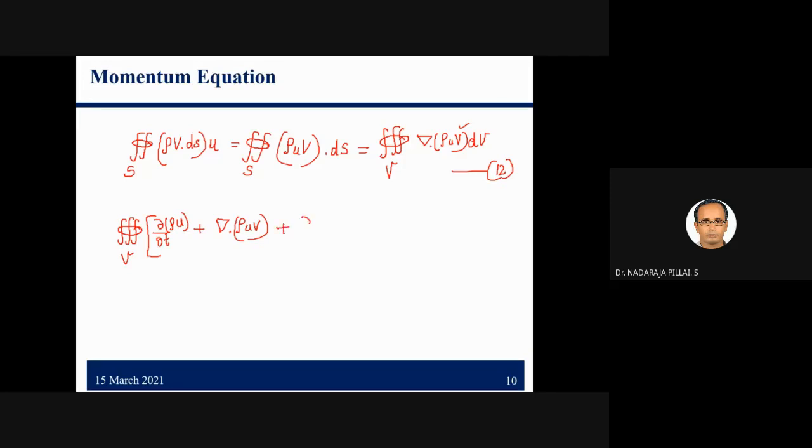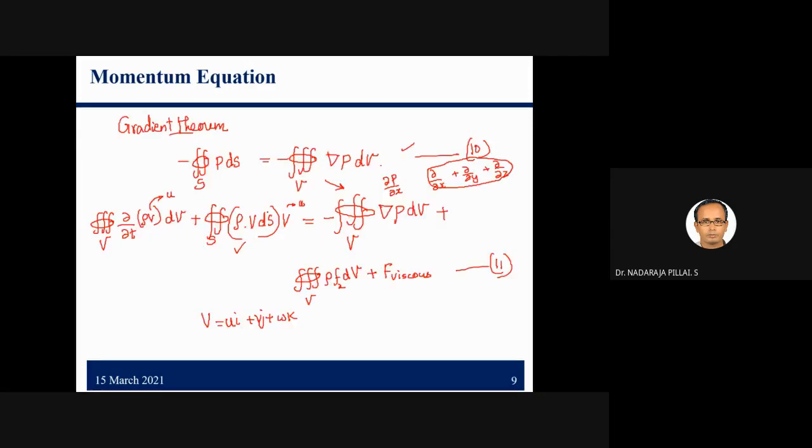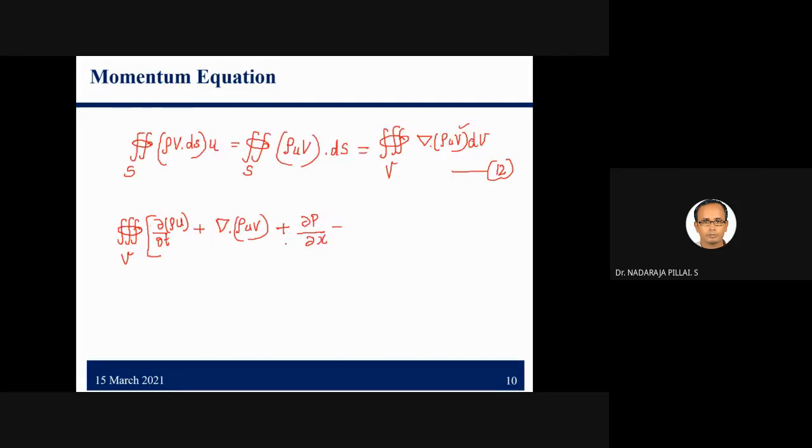Plus the pressure term dou p by dou x minus, right? So I take this pressure here and this body force here and viscous force here. So it becomes minus rho f x minus f x viscous into dV is equal to 0. Fx viscous is the shear stress in the x direction.